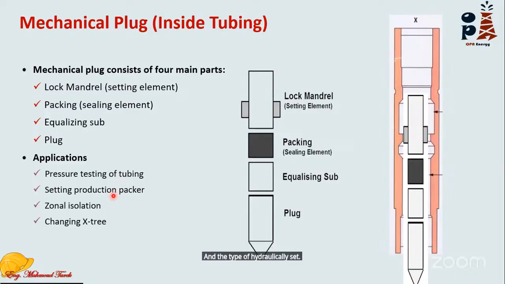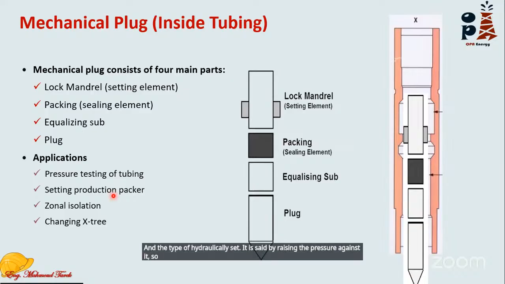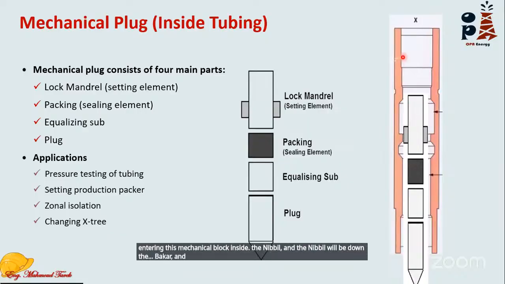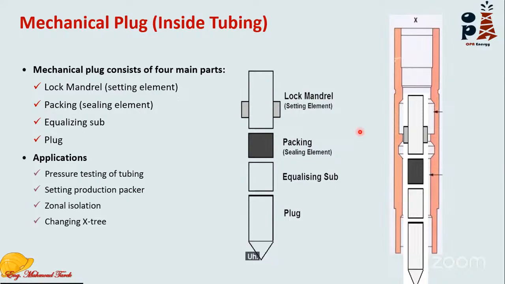It is set by raising the pressure against it. So how will I raise the pressure inside the tubing? By setting this mechanical plug inside the nipple, with the nipple being below the packer, and raising the pressure to set the packer. It is also used for zonal isolation.